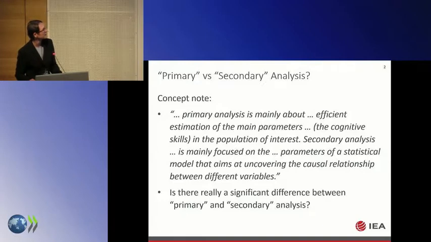And it says that secondary analysis is mainly focused on the parameters of statistical models that aim at uncovering the causal relationship between different variables. I left out some parts of the sentences, but this is basically the main message.